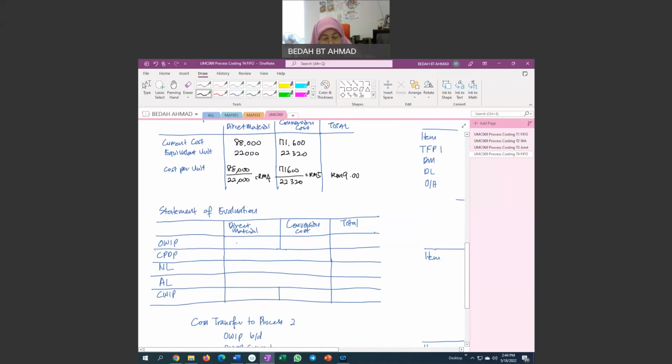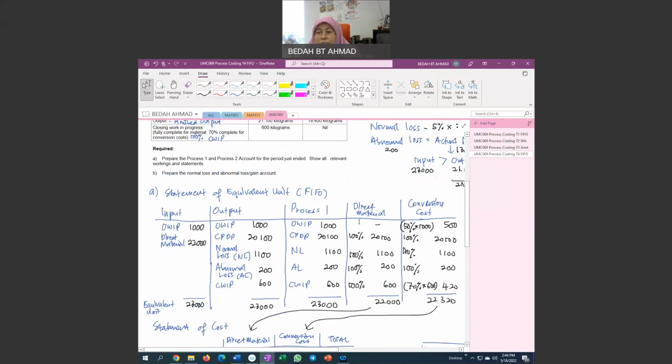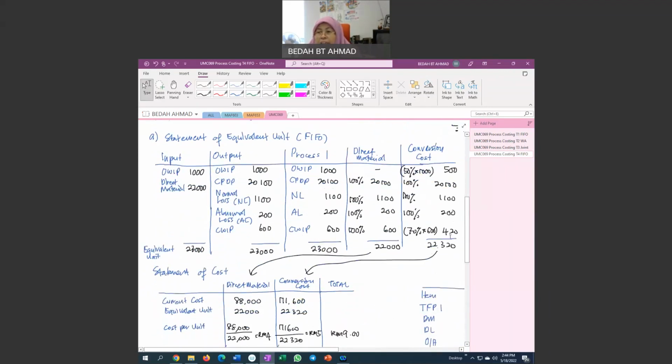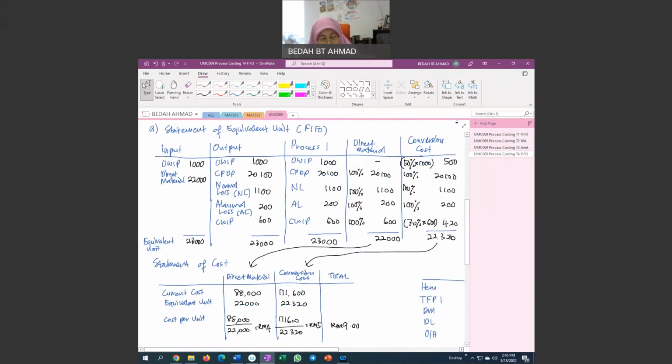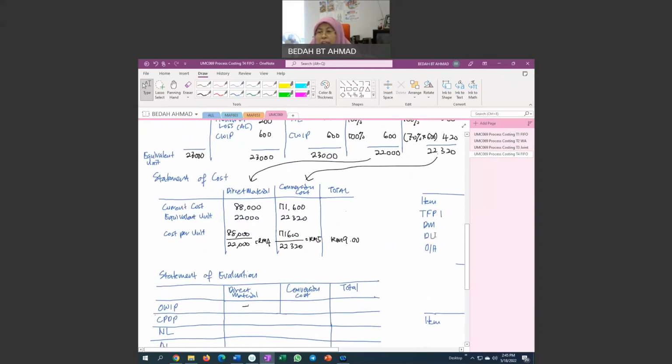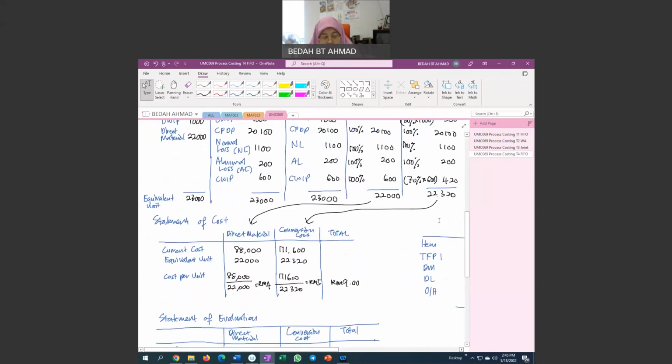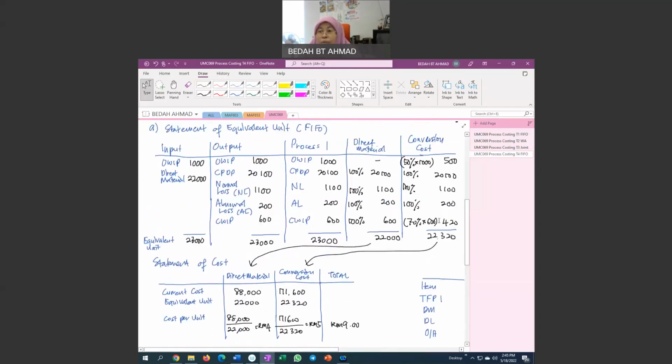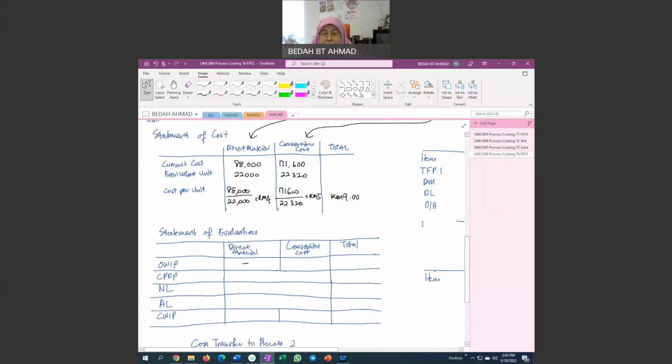For the opening work in progress, there is none for the direct material, but from the statement of equivalent unit, we have 500 for the conversion cost. So we take the conversion cost column and transfer all the information into the statement of evaluation.